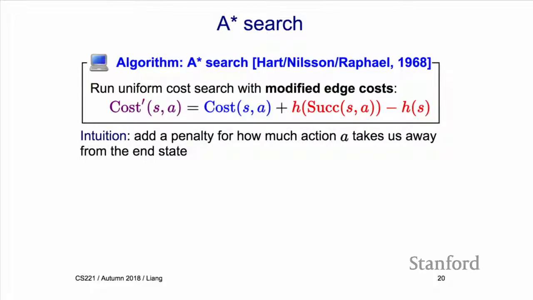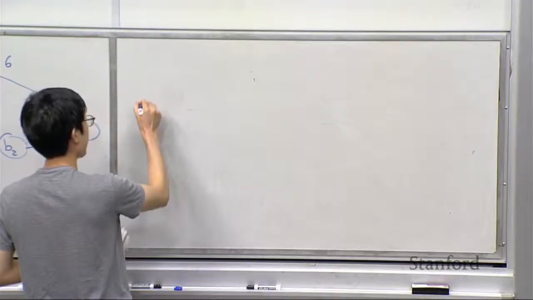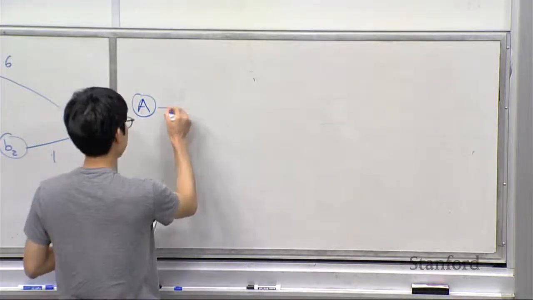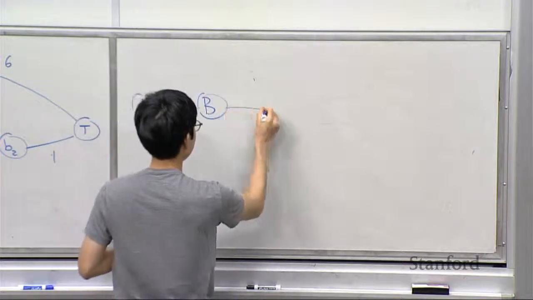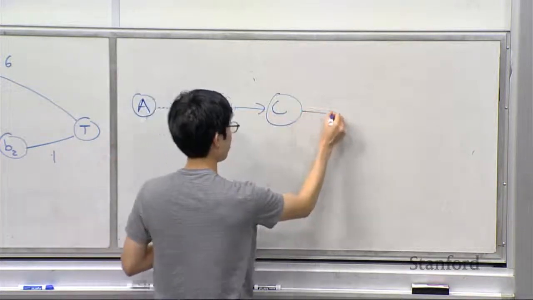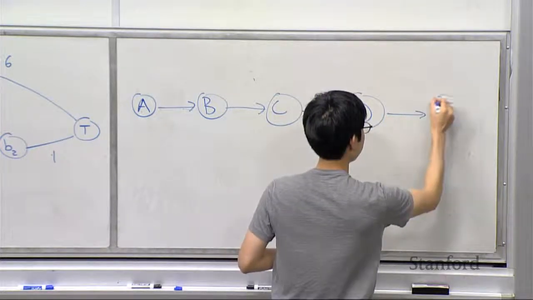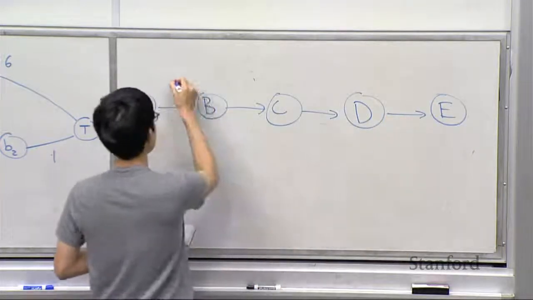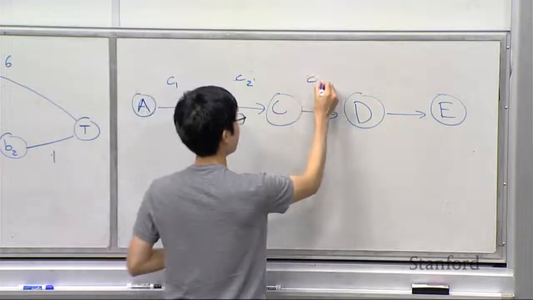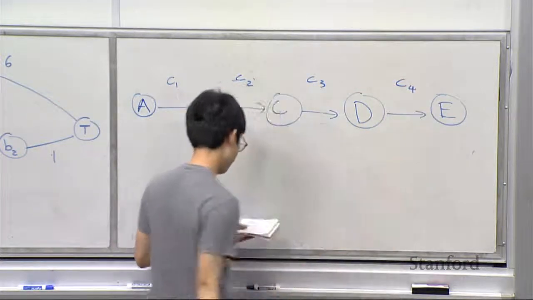The way we're going to describe it now is that A star search is simply just uniform cost search with a different set of costs. So here's the diagram. Let's say we're going from A to B to another state, and finally to some end state here. And we've got some costs C1, C2, C3, C4.